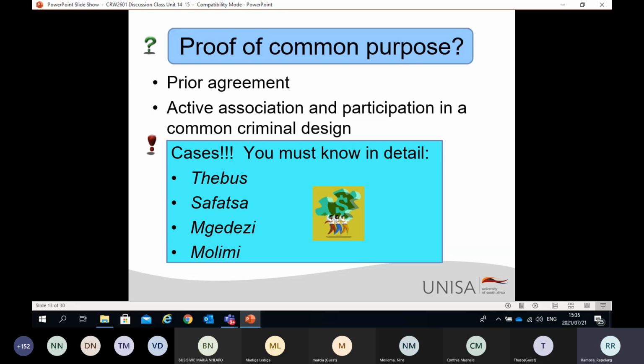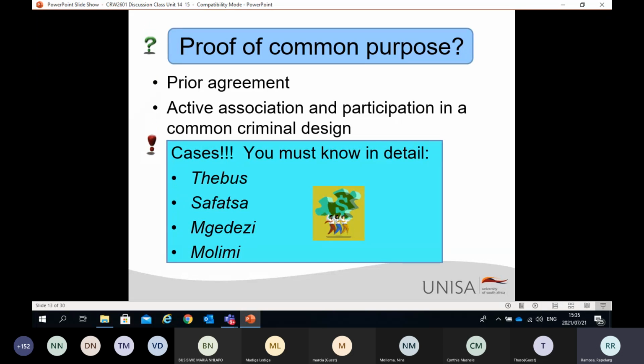And because they had direct intention, or at least had dolus eventualis, to achieve the killing, they were found to be guilty of murder by virtue of common purpose, and they were each co-perpetrators. So therein was the case of Safatsa, which established the principle that common purpose can be established by either prior agreement or active association.